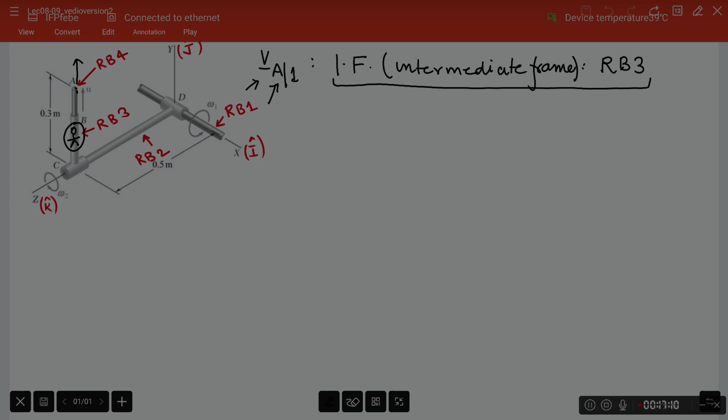Once I have chosen an IF, I also need an IP, intermediate point, and I am going to choose the intermediate point to be point C, which is right here.